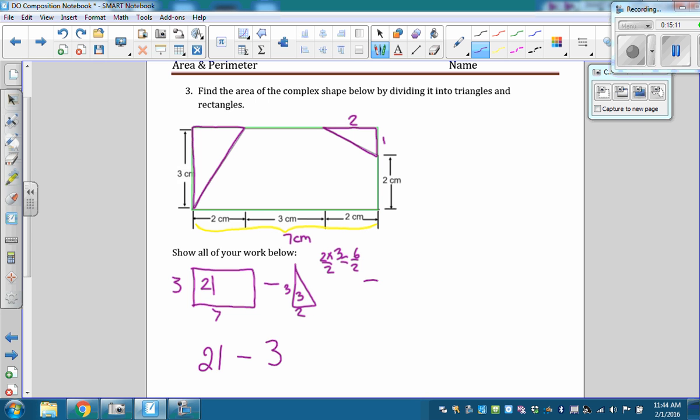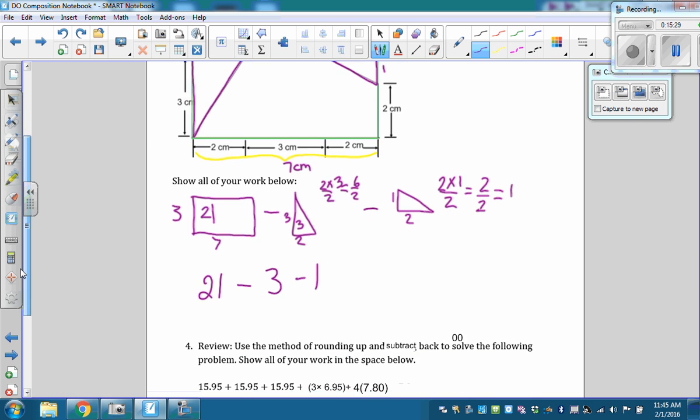So I'm going to subtract out this triangle, and that's 2 times 1 divided by 2, which is 1 unit.